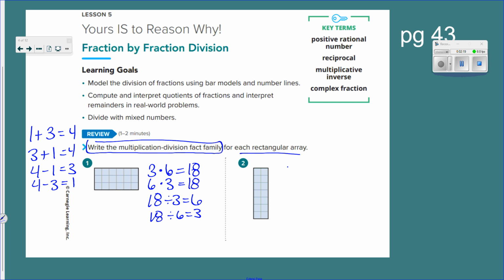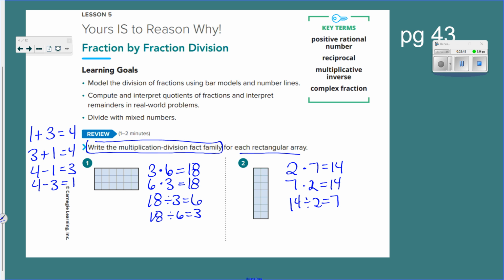2 times 7 equals 14. Another multiplication problem. 7 times 2 equals 14. Ryland, division. And somebody on this side. 14 divided, that's what we have.